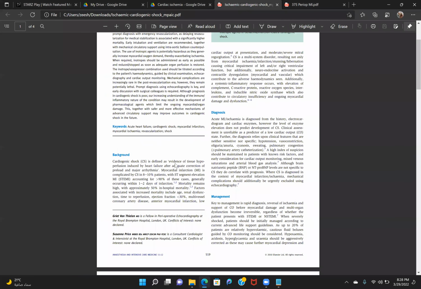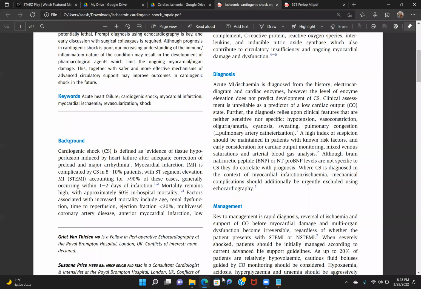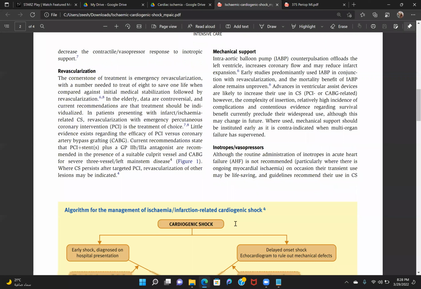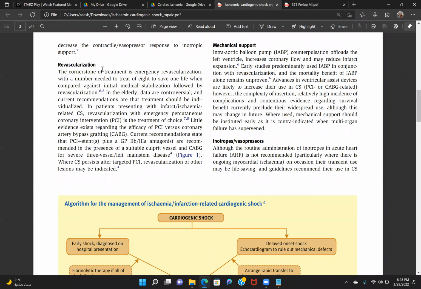Okay. And the same thing which we discussed, that if, for example, the patient is going into shock, you will start the inotropic support. Okay, and the aim of therapy will be revascularization, either in the form of thrombolytic or in the form of PCI, according to the scenario.